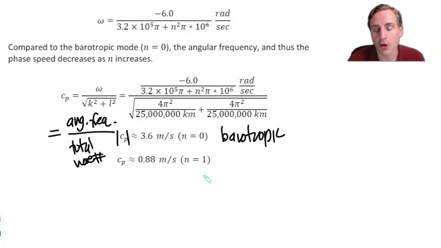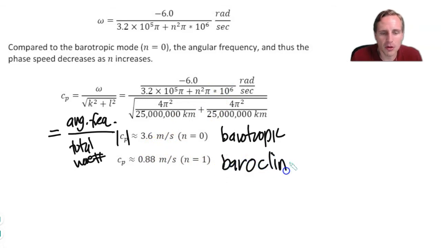There's going to be more wave dispersion. So the barotropic mode propagates fastest, whereas baroclinic modes, this being the first baroclinic mode, n equals 1, are going to propagate slower.